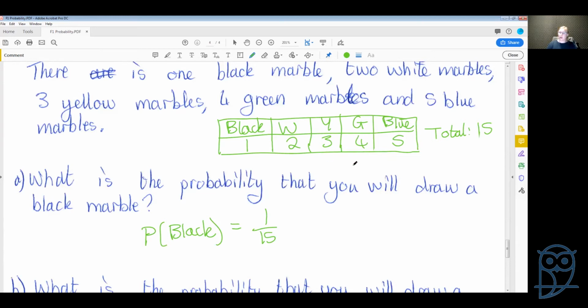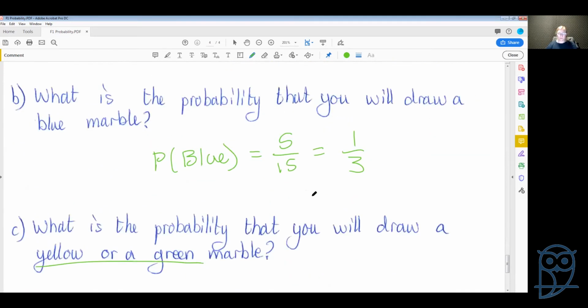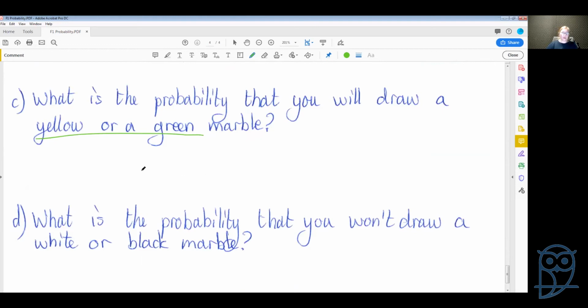So if we draw either a yellow or a green, there are 7 different possibilities out of our 15 total. So probability of yellow or green will then be the 3 from the yellow plus the 4 from the green, all out of 15. So we've got 7 out of 15 different possibilities that we can get either a yellow or a green.